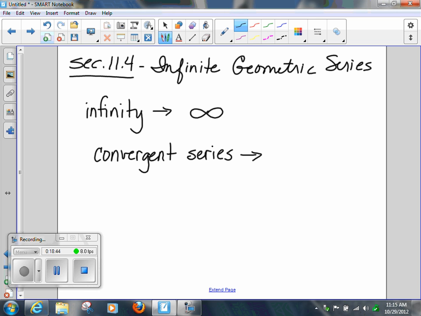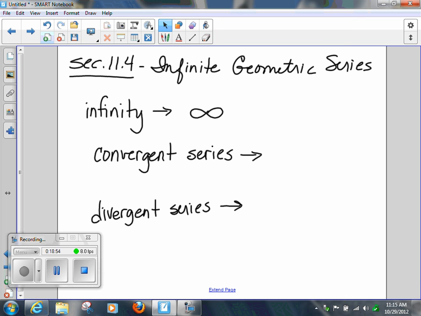There's a convergent series and a divergent. Because, folks, when we're talking about infinity, we are talking about something that may not have an end. What do those two words mean? Converge.